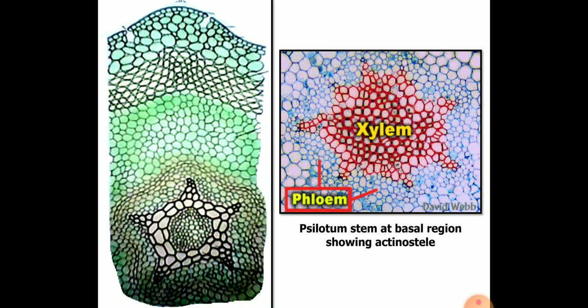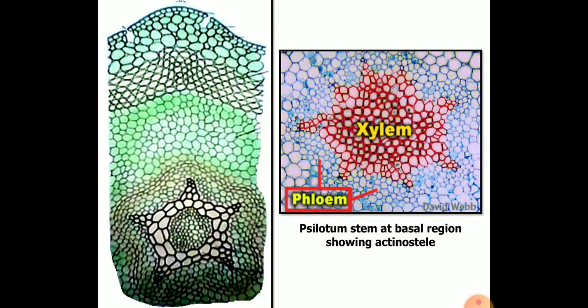Psilotum nudum and Psilotum complanatum are the common species occurring in that region. Morphologically, it is a simple green, straight erect thallus, and it bears synangia.